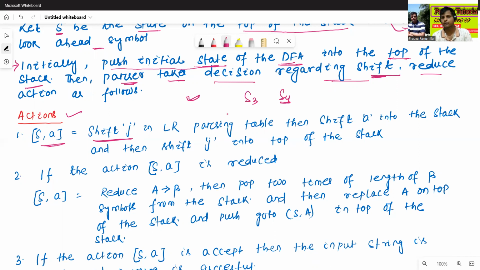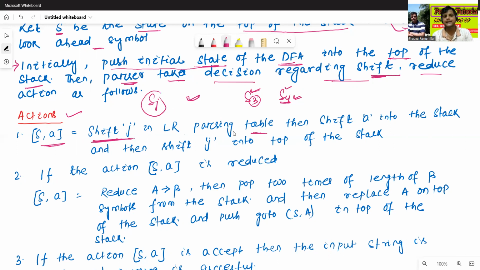S3 means this is the shift action with its number 3. S4 means shift action with number 4. Shift J in the LR parsing table, we can also write it like this, S A.